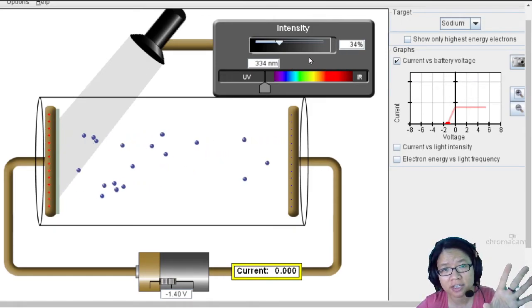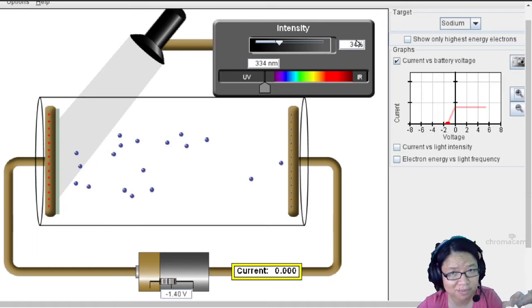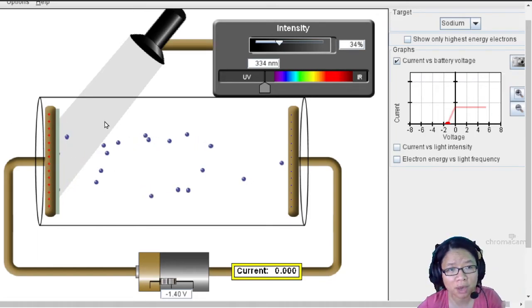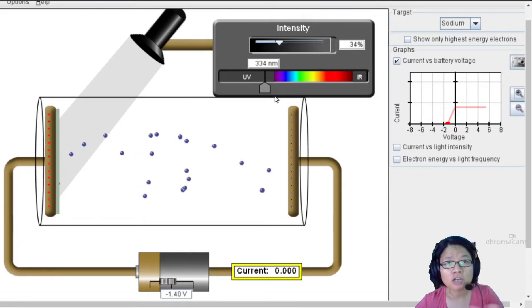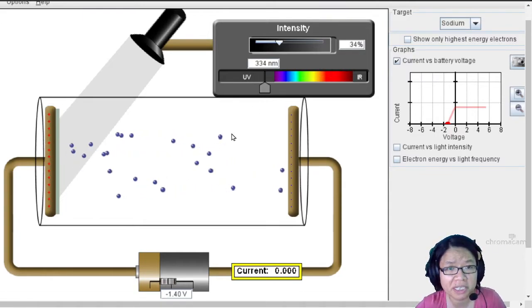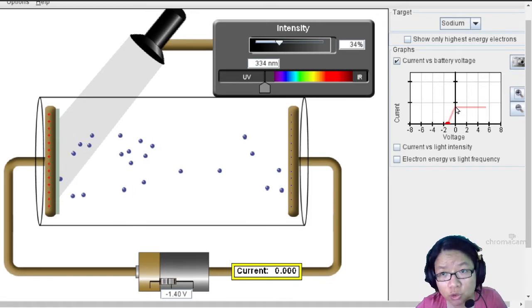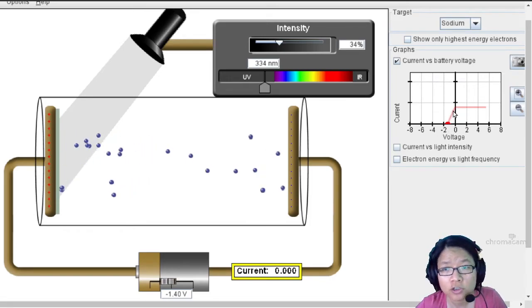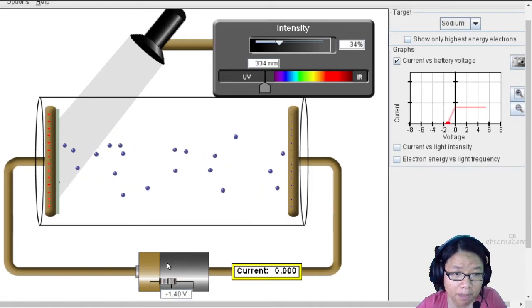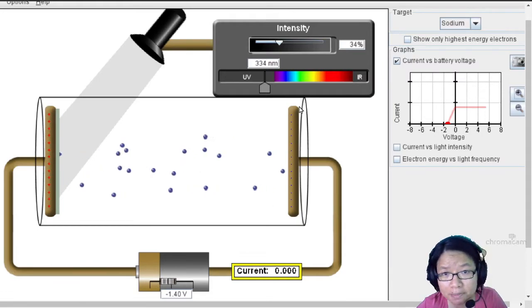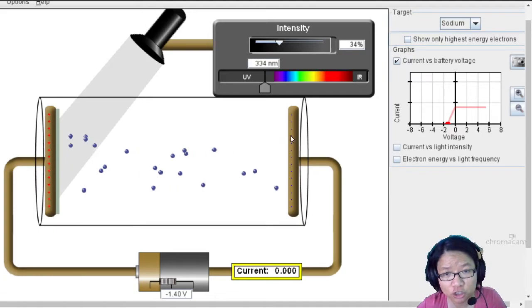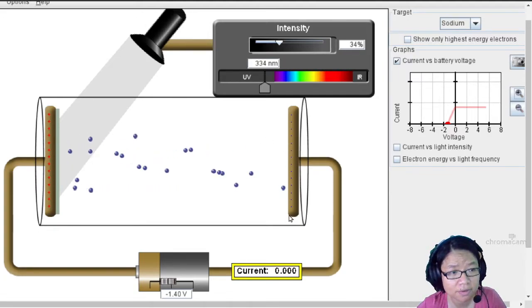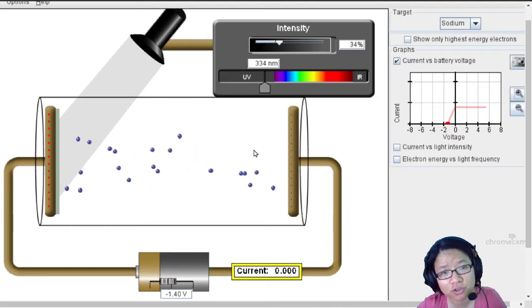Right now, I'm not changing anything about the photon. I'm not changing the intensity. If I want to create more electrons, I have to change the intensity, which I will talk about later. So right now, what you see is a phenomenon where there's a range of kinetic energy. When I make this plate more and more negative, it is less and less likely for the electrons to arrive at this plate. Harder and harder for the electrons to arrive.